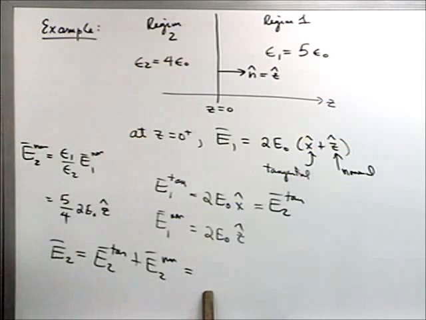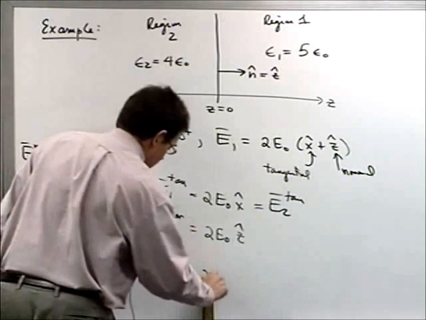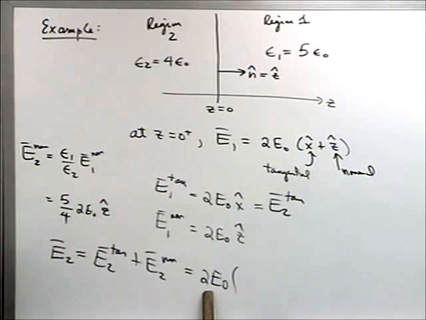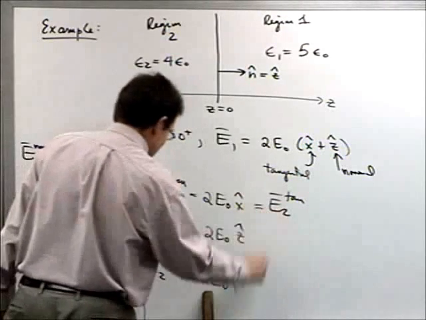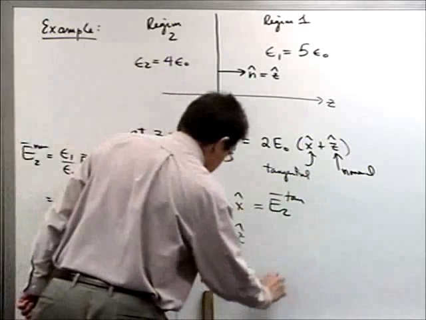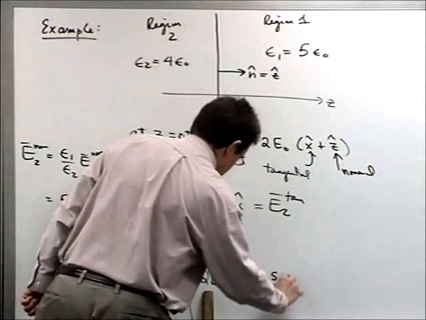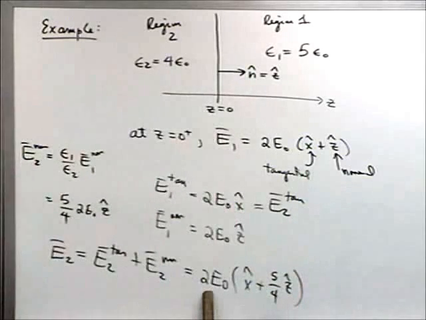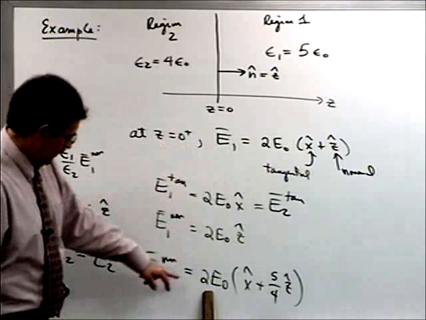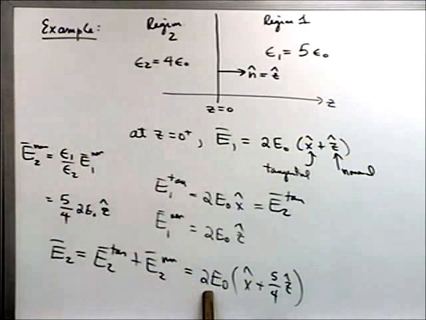So we're going to have a 2E0 here times (x hat plus 5/4 z hat). So if we have this field just to the right of the interface, then we have to have this field just to the left of the interface in order to satisfy these continuity conditions.